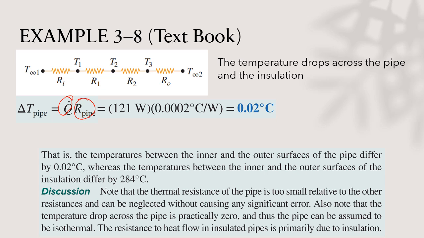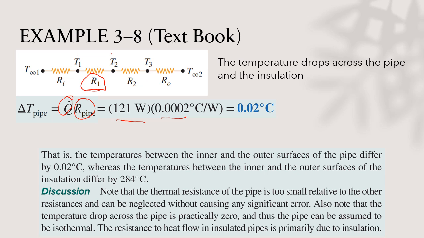R pipe is R1. So we just plug in Q equal 121 and the R pipe that we have calculated, equal to 0.0002 degree C per watt. We will get the temperature difference between T1 and T2 equal to 0.02 degree C.